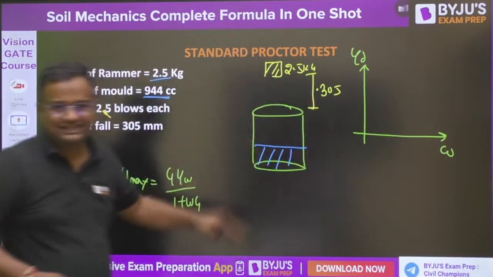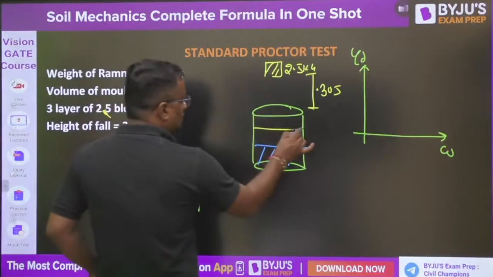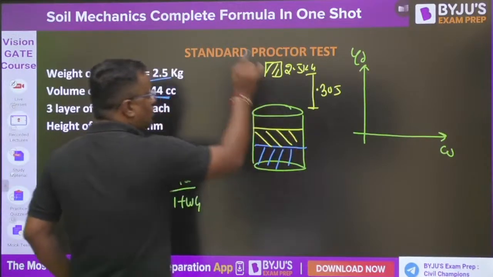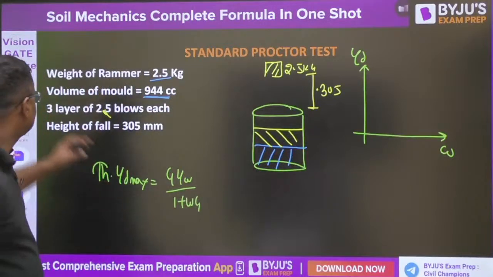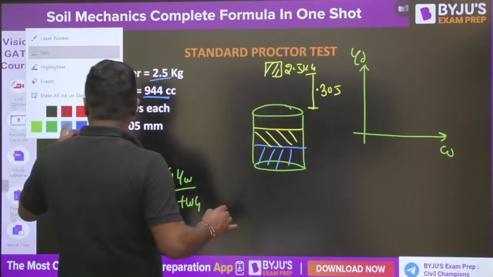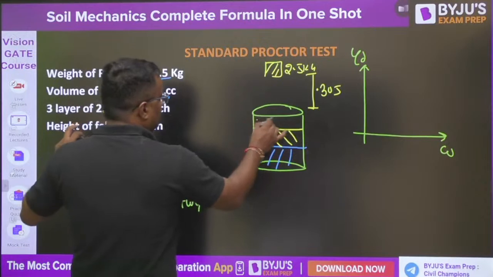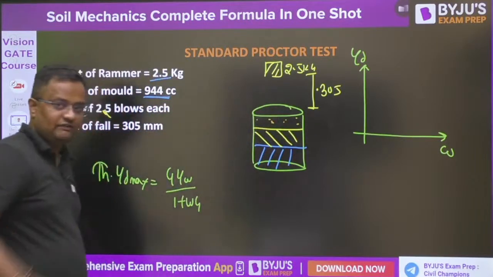Then we put one more layer and compact it again 25 times with the same weight and same height. Then again we put one more layer and compact it 25 times.